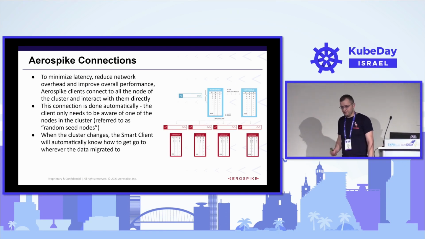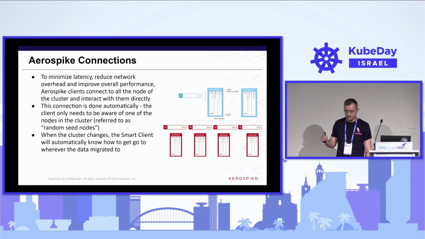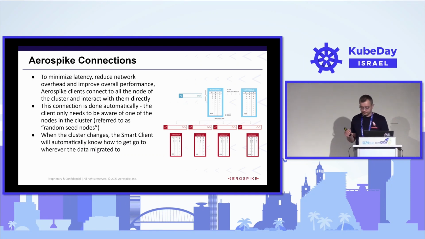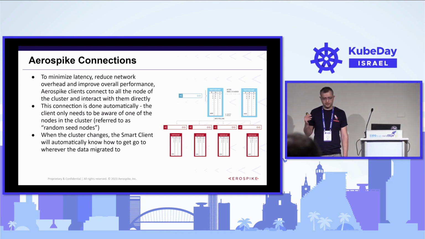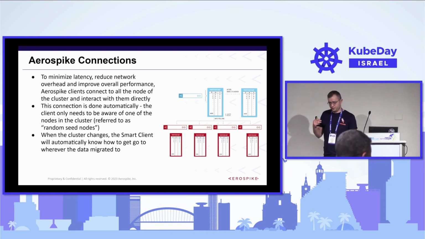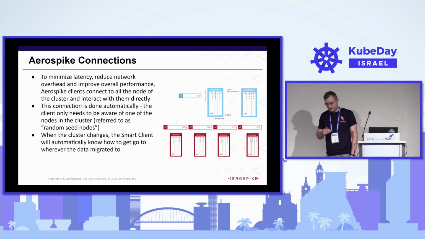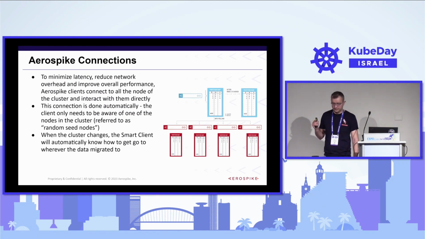Aerospike implements a very interesting communication model between the server and its client libraries. We call it smart clients. Those clients have some business logic that, given some data key, figures out the specific node where the data resides on the cluster. For that, it needs to maintain a direct connection to each of the nodes of the database cluster.